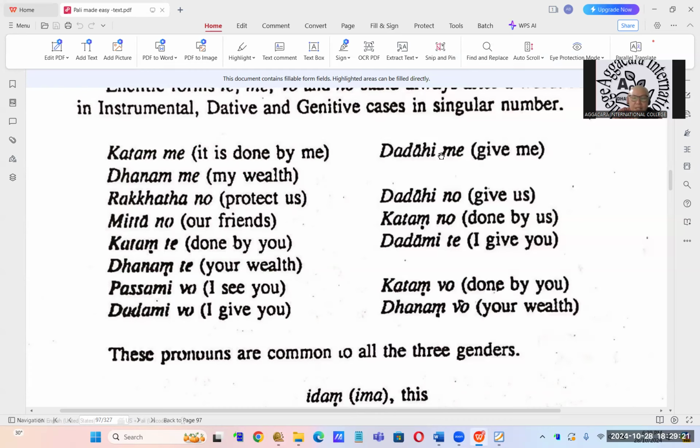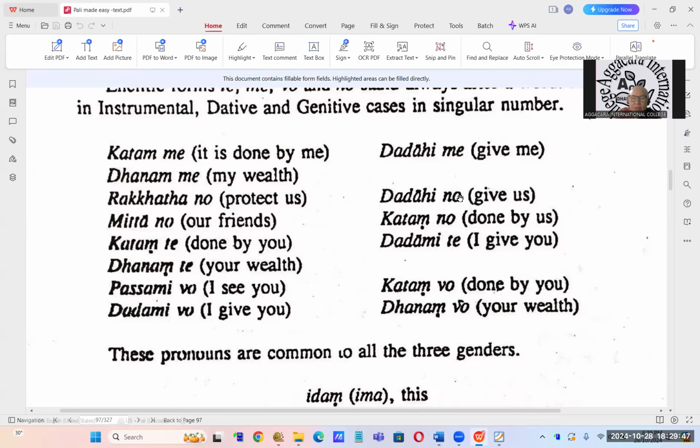Now, dadahi me. Now, this hi, what is it? What kind of verb is this? This is imperative, second person singular. So me will be accusative singular, all right? So no also can: you give to me.